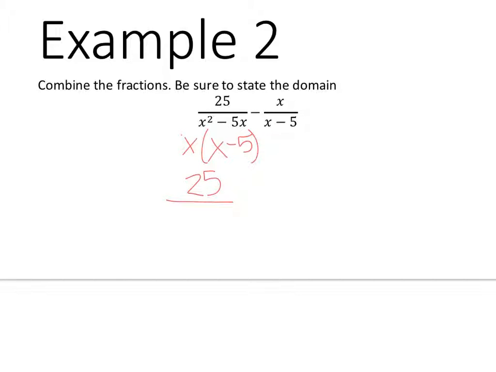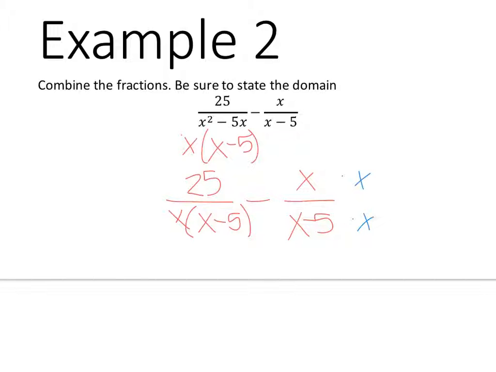So I'm going to rewrite my fractions as 25 over x times x minus 5, minus x over x minus 5. The denominator of my first fraction has an x and an x minus 5 in it. The denominator of my second fraction only has the x minus 5. So I'm going to multiply to the second one what is missing.